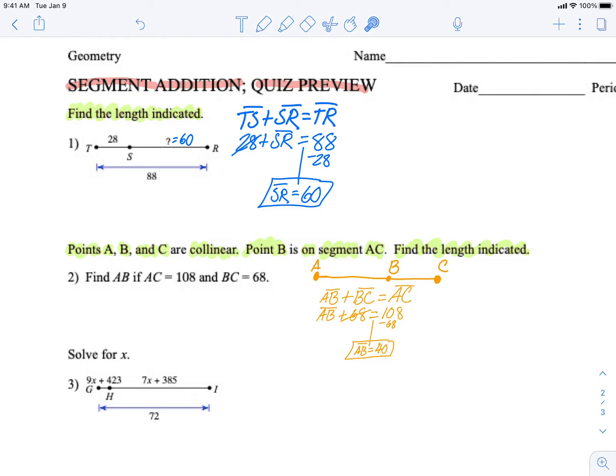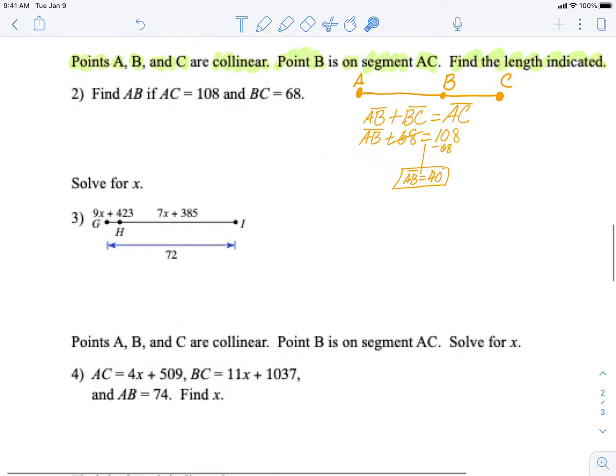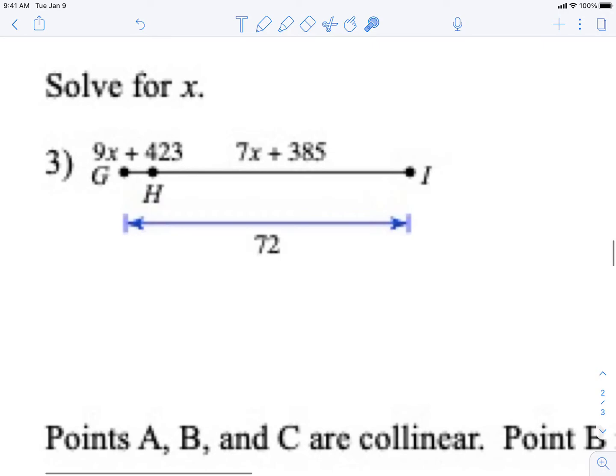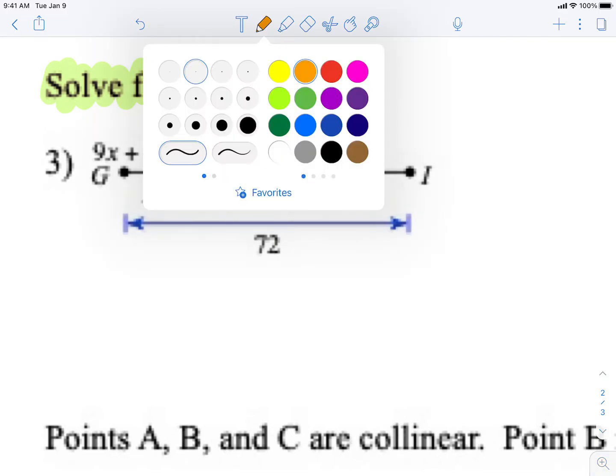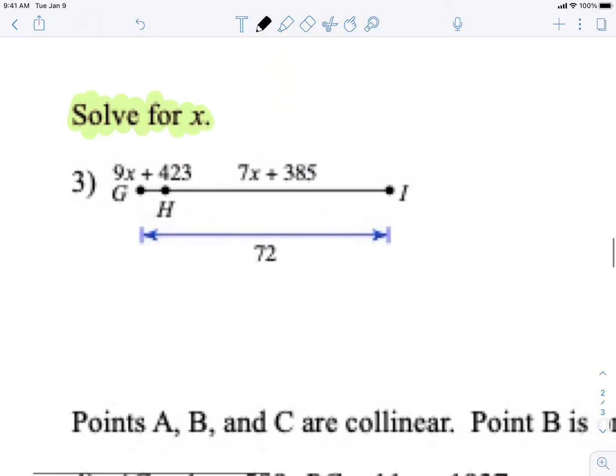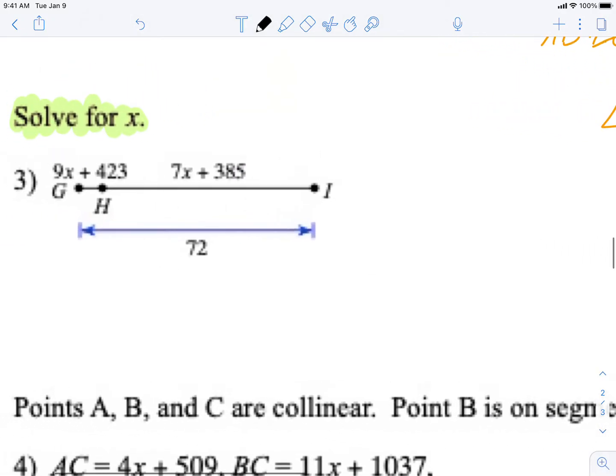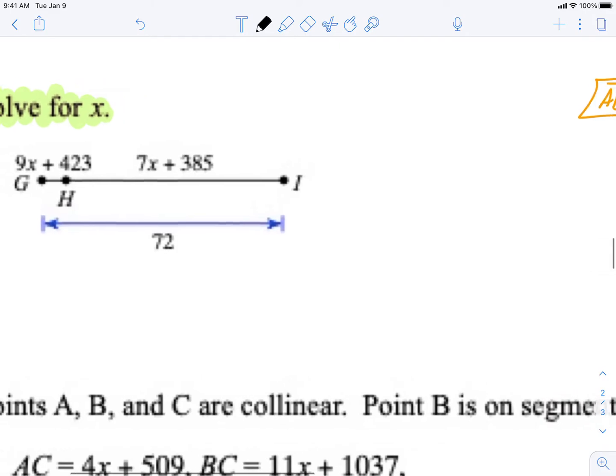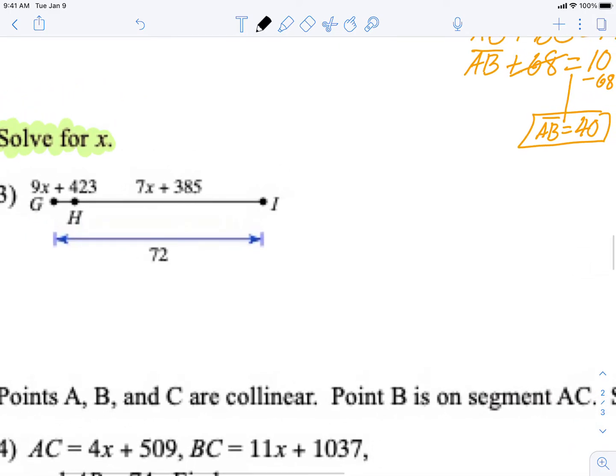Okay, let's move on to number 3. The instructions say solve for x. Okay, we need to find x this time, right? So let's do our setup here. Let me change colors and let's do our traditional black. Let's see, so we're going to do GH.